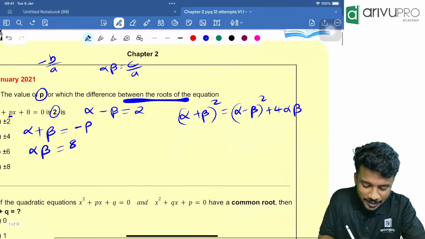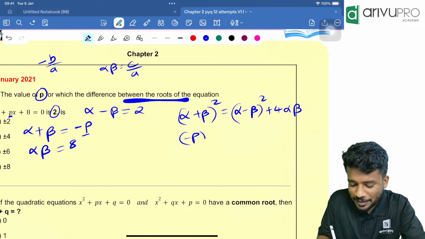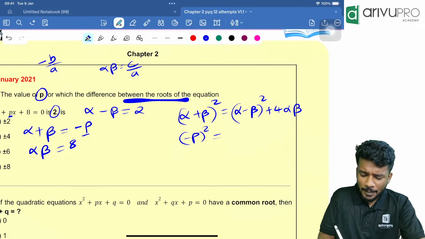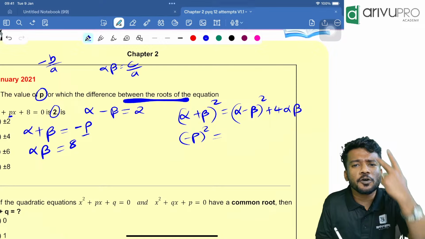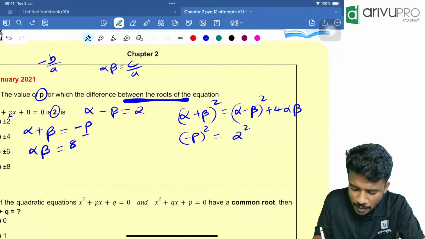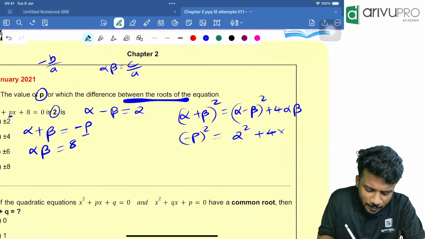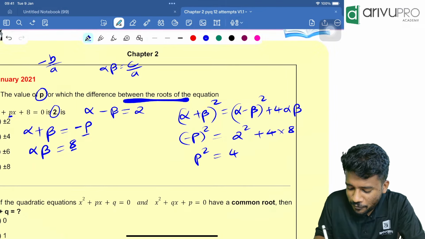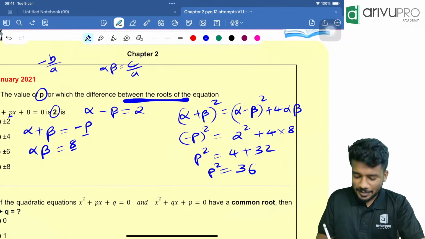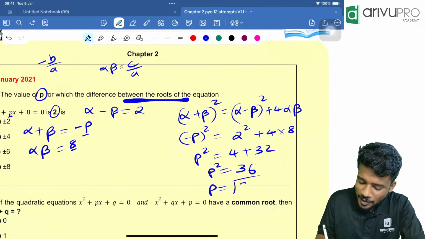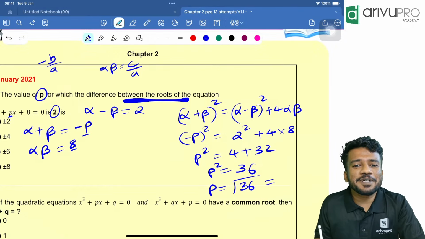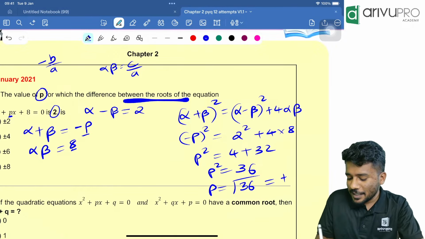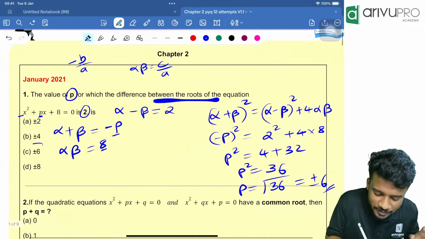Now alpha plus beta the whole square is minus p the whole square, which is equal to alpha minus beta, already given in the question, that is 2, so 2 square plus 4 into alpha beta, which is 8. That means p square is equal to 4 plus 32, that is p square is equal to 36. So p is equal to root 36, which is plus or minus 6. Option C is your answer.